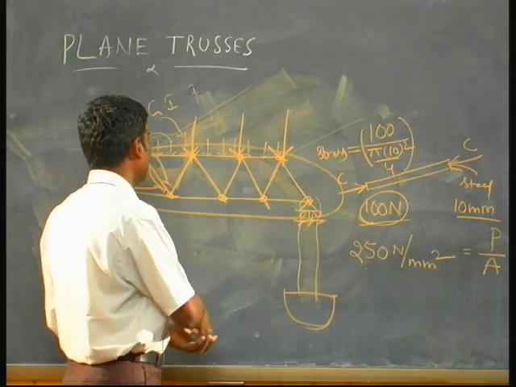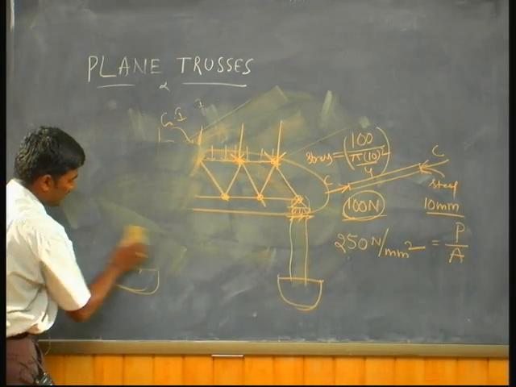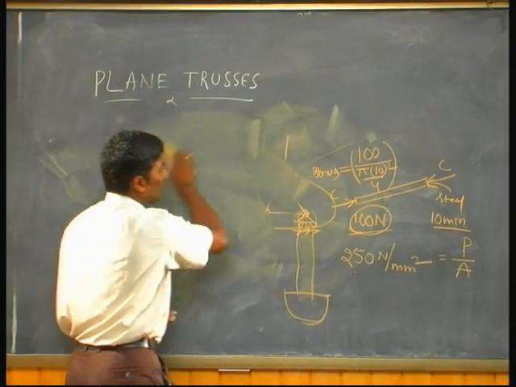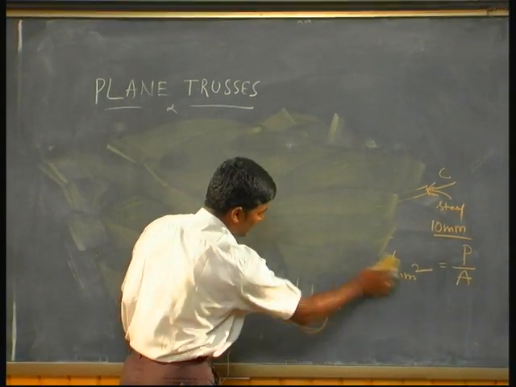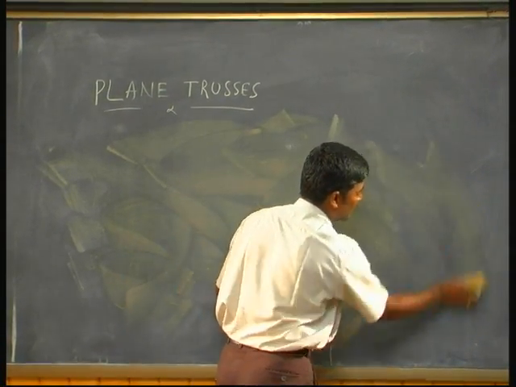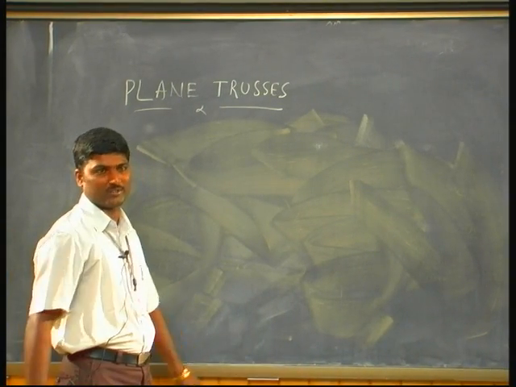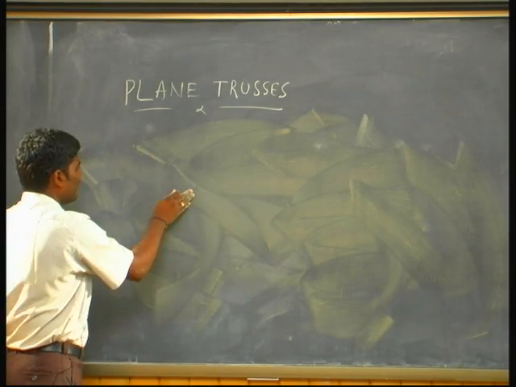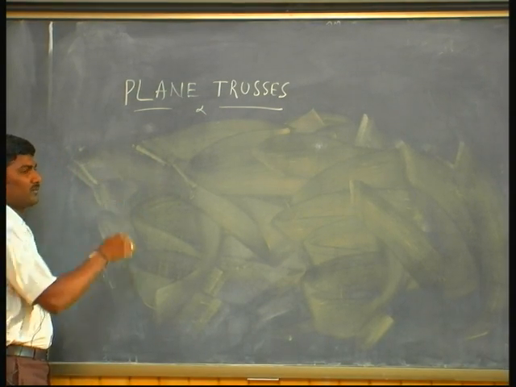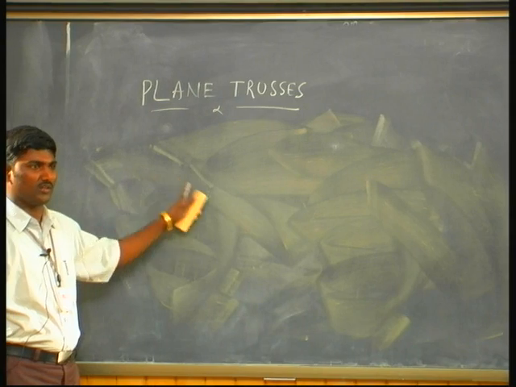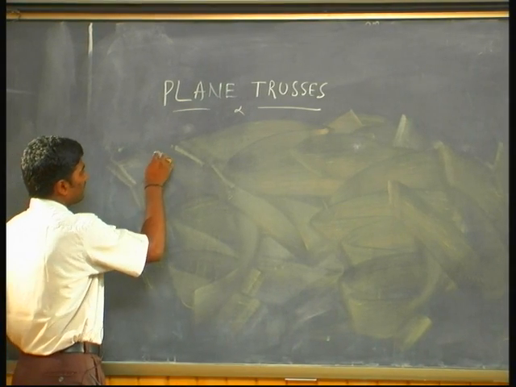So now I come to the actual point, what is to be done in the analysis. Our work is to find how much is the force developed in each member of a truss. Before going for that, we have some special conditions to learn in the truss.